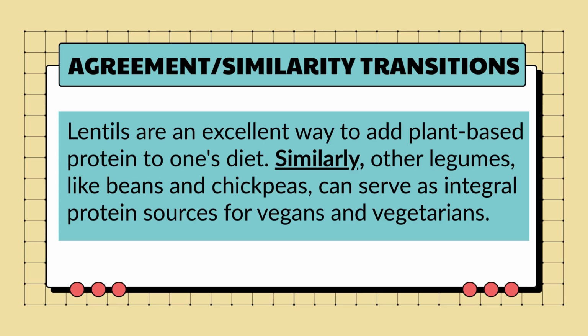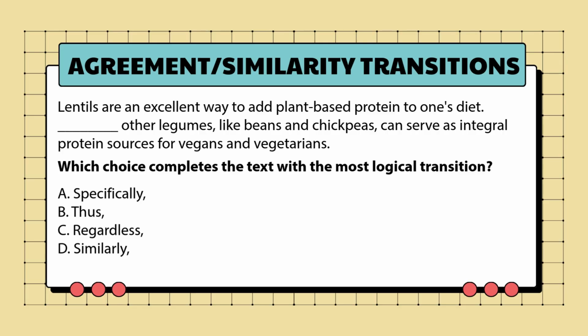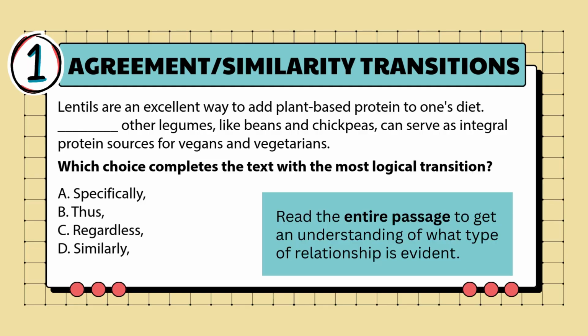Now let's see what this type of question looks like using the same example. Examine the question by itself. By now, you know you must first read the entire passage to look for the relationship between sentences.